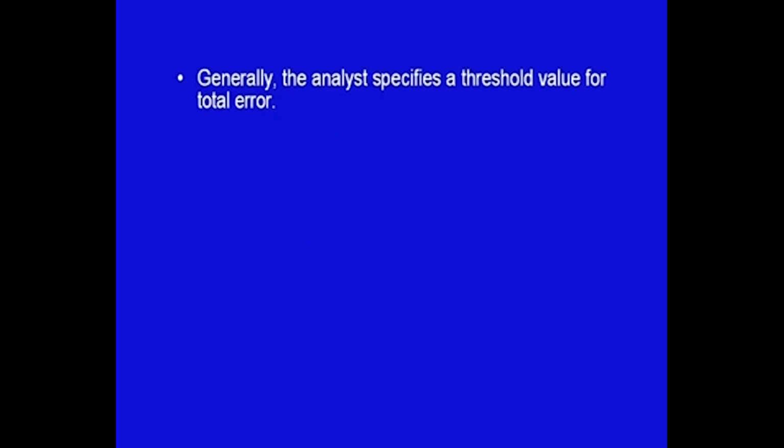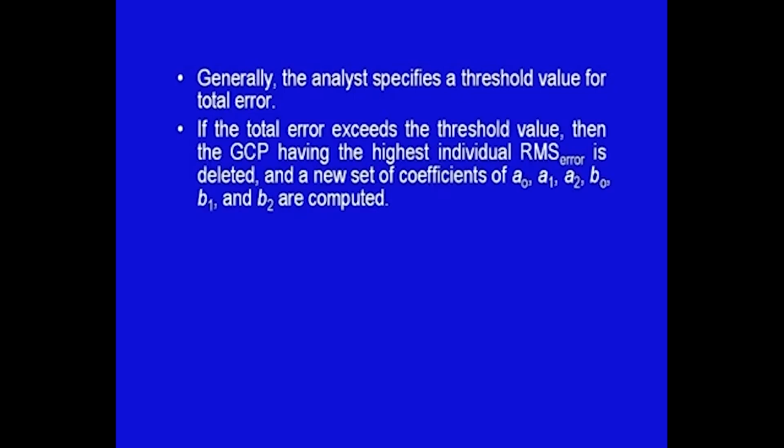Generally, the analyst specifies a threshold value for the total error. If the total error exceeds the threshold value, the GCP having the largest individual RMS error is deleted and a new set of coefficients a0, a1, a2, b0, b1 and b2 are computed.